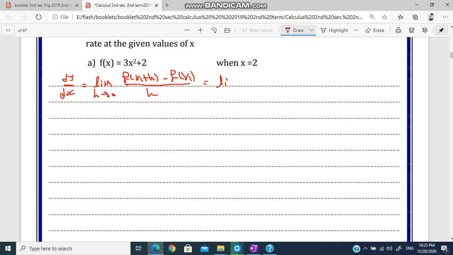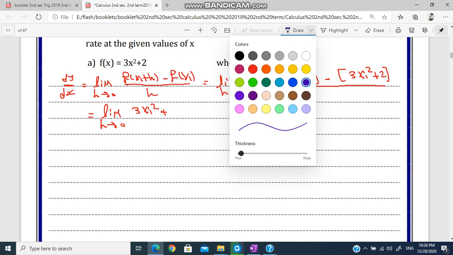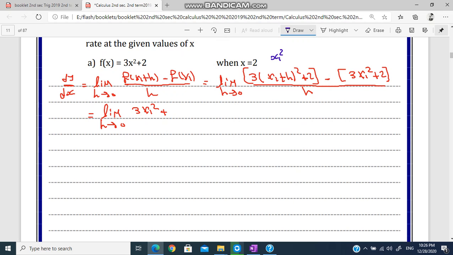It will be the limit as h approaches 0 of 3 times (x1 plus h) power 2 plus 2 minus (3 x1 power 2 plus 2) all over h. Expanding the bracket power 2 in 3 terms, it will be x1 power 2 plus 2 x1 h plus h power 2.